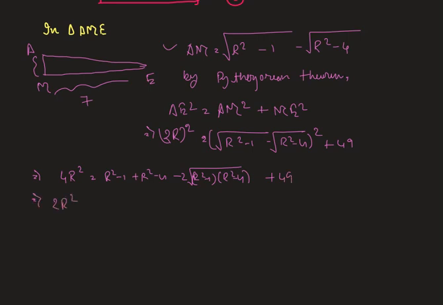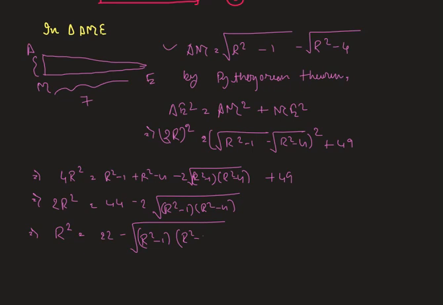Therefore, here we get 2r square equals 44 minus 2 root over r square minus 1 multiplied by r square minus 4. After dividing both sides by 2, we get r square equals 22 minus root over r square minus 1 multiplied by r square minus 4.